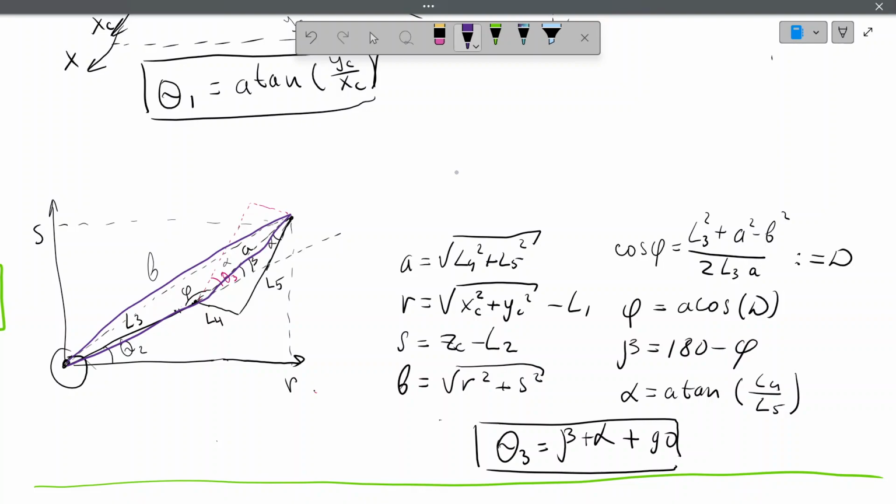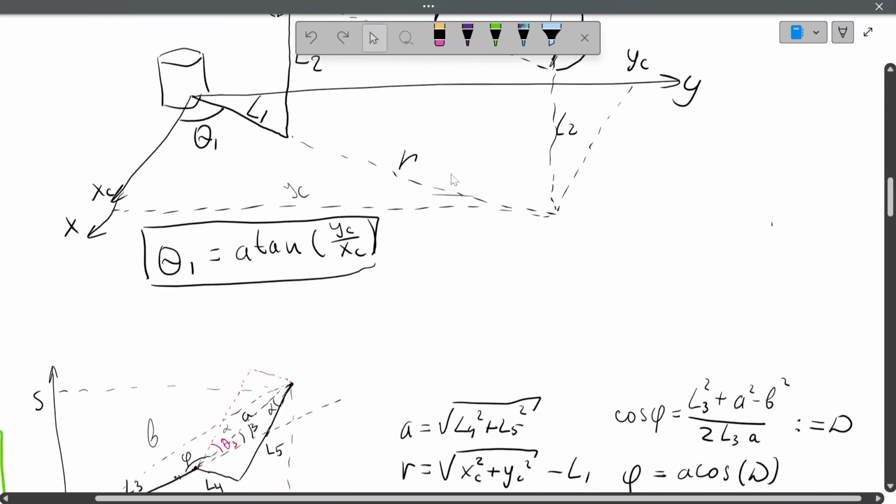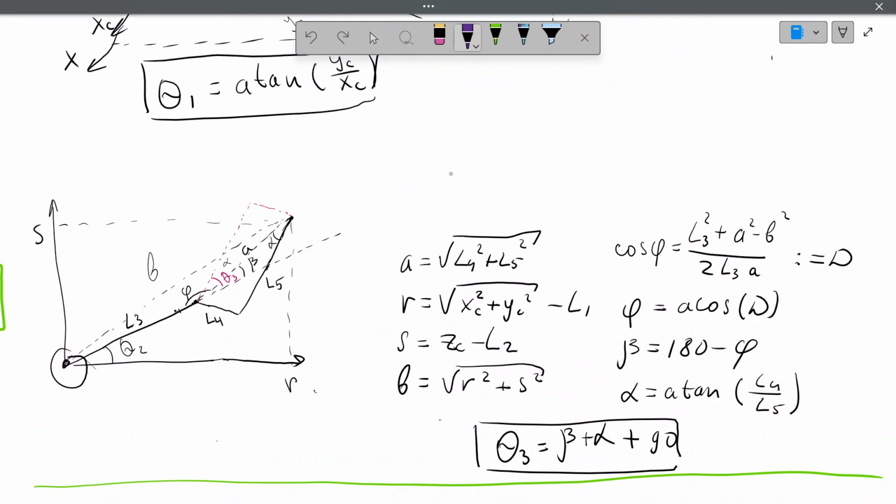So we know all sides of this triangle, and we can find phi by this formula: L3 square plus A square minus the front side B square, over 2 multiplied by L3 multiplied by A. Here I just make a replacement, so this will be equal to D. And phi will be equal to arccosine of D.